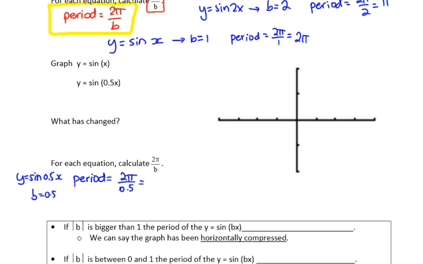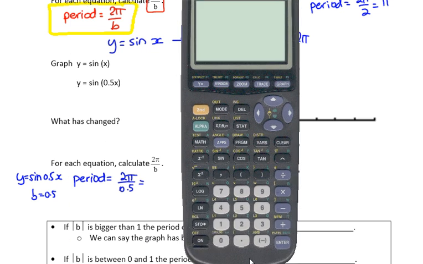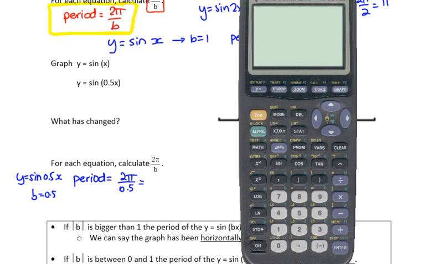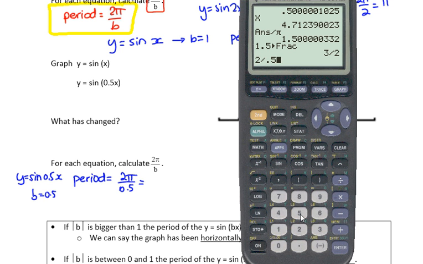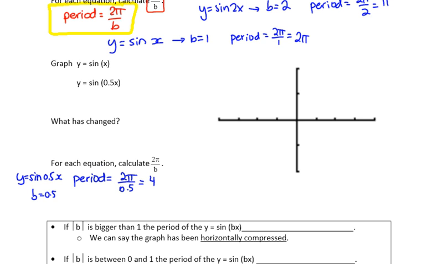Now, in your calculator, how would you type that in? 2 divided by 0.5. We don't want to actually put in the pi, because we want it in terms of pi. So 2 divided by a half gives you 4 pi. If we just did a quick sketch of this, this was pi, and this was 2 pi.